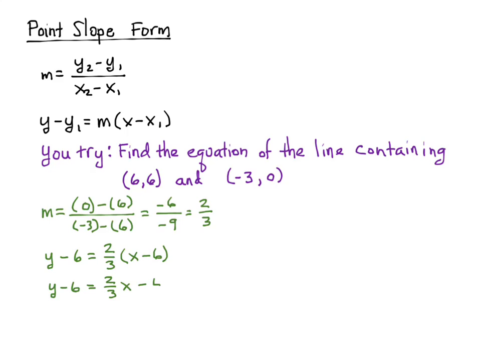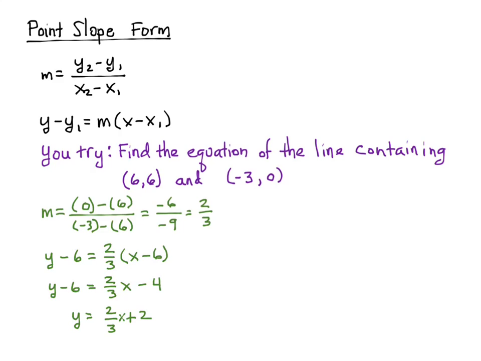So I distribute the 2/3 first, and then add 6 to both sides, and I get y equals 2/3 x. I messed up here. So we'll make this work. This should be an x. How's that? Okay, so we got 2/3 x plus 2. So did you follow the math where I took the 2/3 times x, so I get 2/3 x.